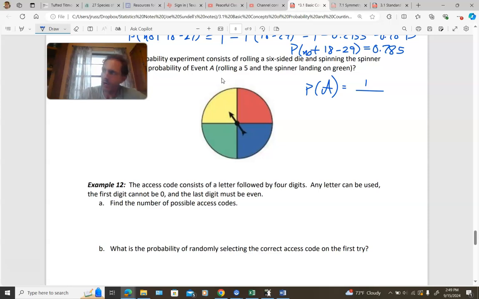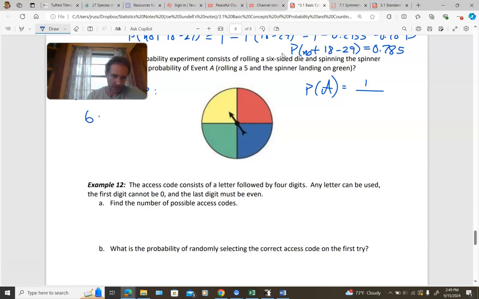Now what we need to do now is see how many total outcomes are possible. And this is where we use that multiplication rule. It says it's the total number of ways that event 1 can occur, which would be rolling a 6-sided die. Well, there's 6 total outcomes.